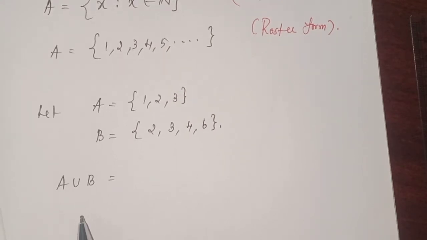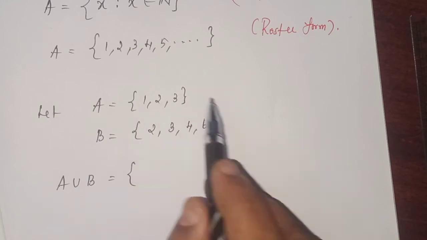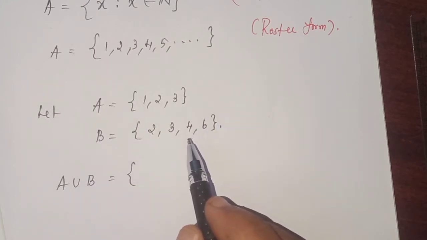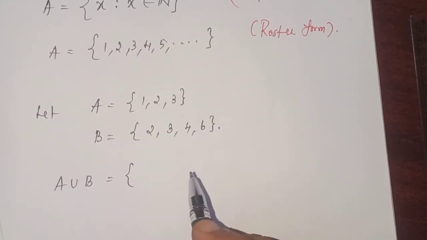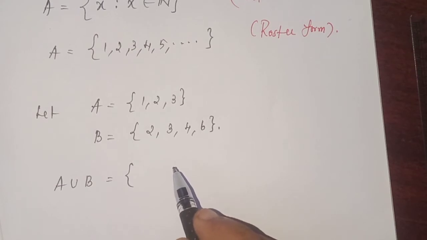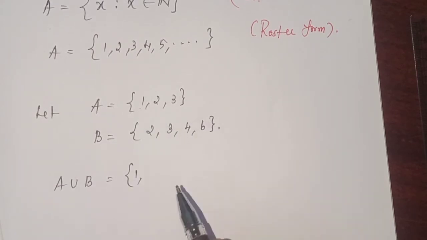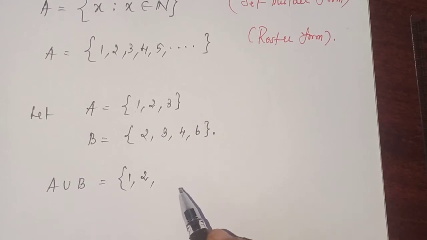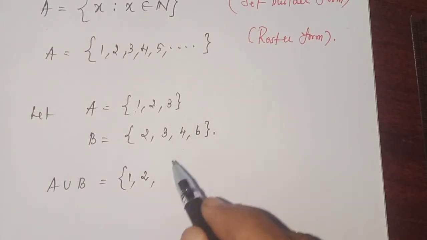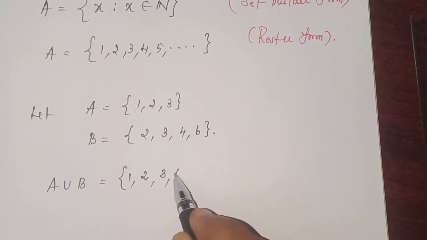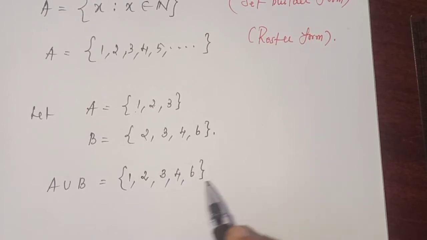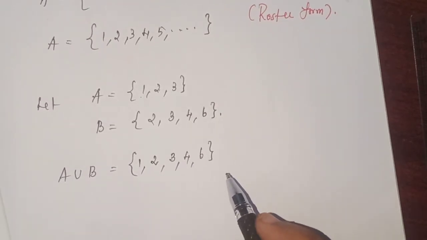Union. A union B means you have to write all the elements of A and B. At the same time, elements cannot be repeated in a set. So we can write them in order. 1, here 2, here also 2, you have to write only one 2. Already told you elements cannot be repeated in a set. Here 3, here also 3. Write 1, 2, 3, then 4, then 6. That is A union B.